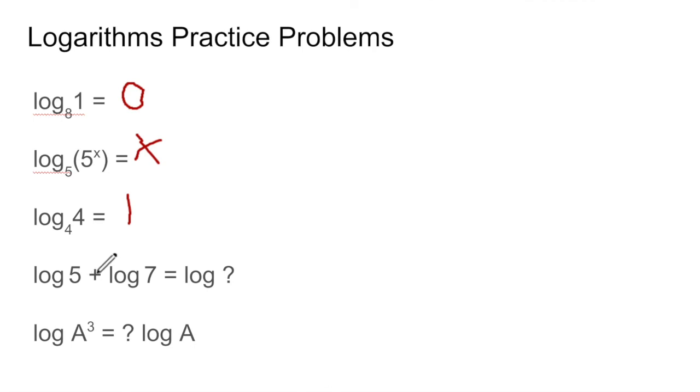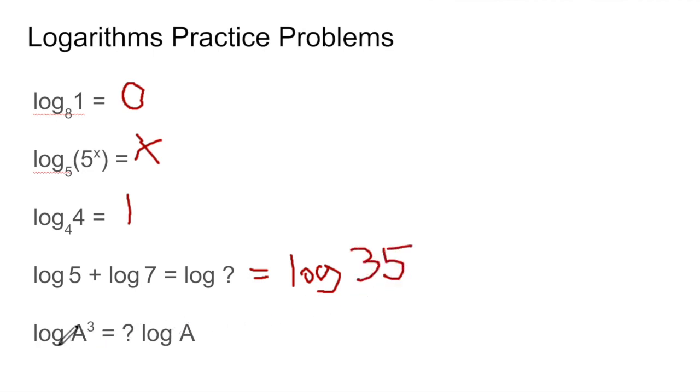Log of 5 plus log of 7 equals what? Well, remember the product rule here for logs. We're going to multiply these together. So this is equal to log of 35, right? 5 times 7 is 35. So log of 35.